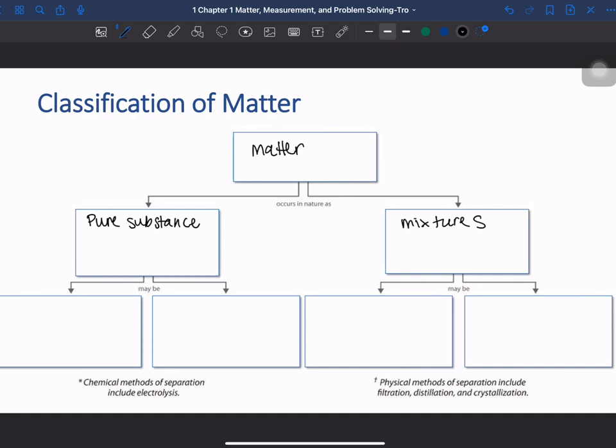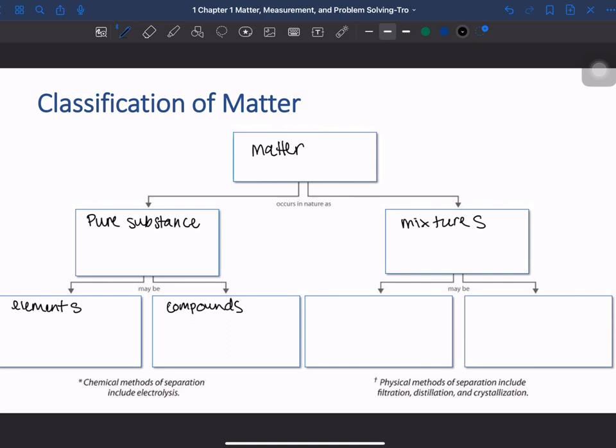Now, if you recall, the two types of pure substances are elements, which are the fundamental substance and cannot be separated into simpler substances even by chemical methods, or we can have compounds. These are substances composed of two or more elements in a fixed proportion. They can be separated into simpler substances and elements, but you have to use chemistry or chemical methods in order for this to happen.